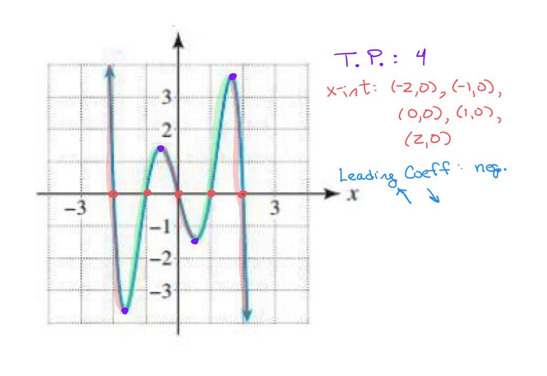All right, and we want minimum degree. Okay, so if we look at this, we have 5 x-intercepts. We have 4 turning points. And so my minimum degree is going to be 5.